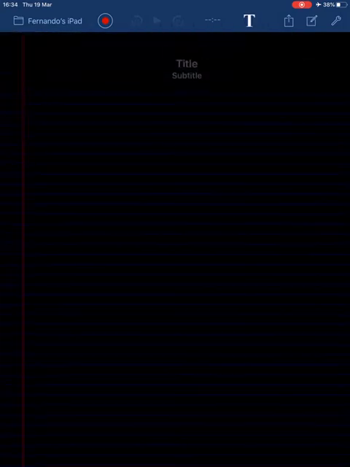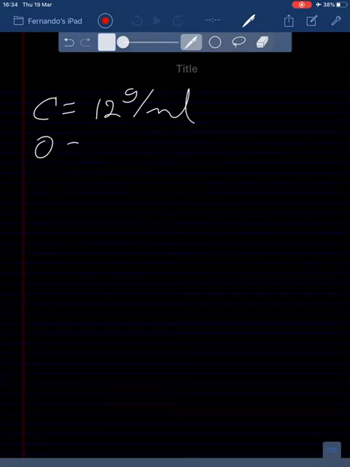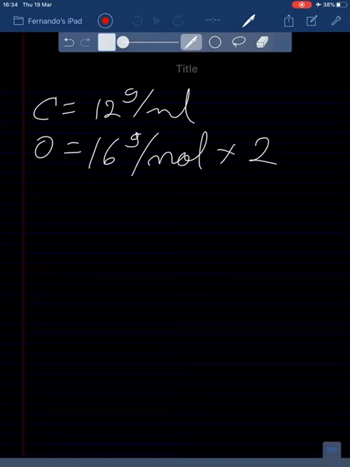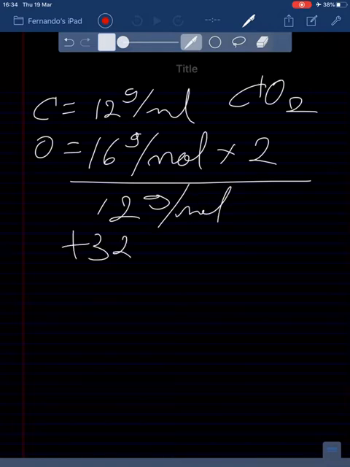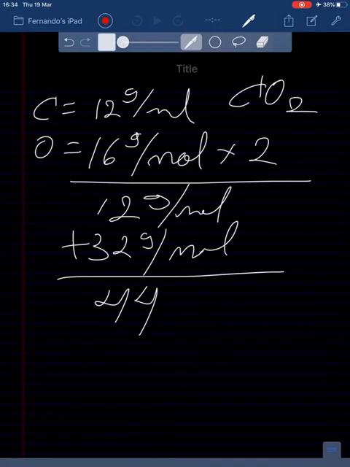So let's continue. Carbon is 12 grams per mole, and oxygen is 16 grams per mole, times 2 because, remember, it is CO2. I add all of this, and what I get is 12 grams per mole plus 32 grams per mole, giving me a result of 44 grams per mole.